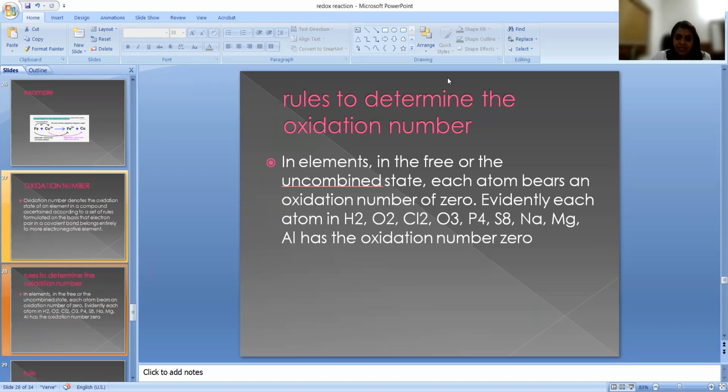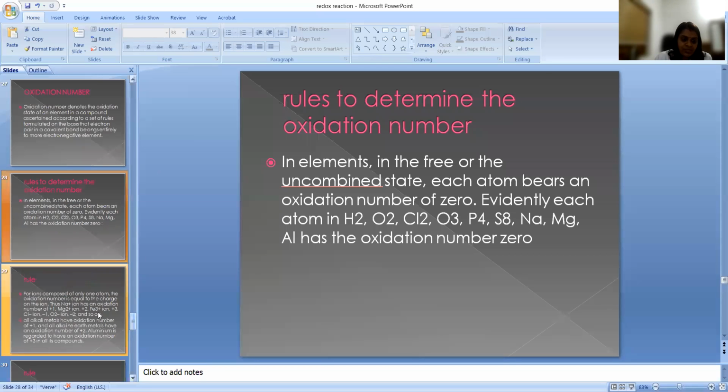For example, elements like hydrogen, oxygen, chlorine, O3, P4, S8, if they are existing, their oxidation number is considered as 0 because they are neutral. So the oxidation number of an element is considered as 0. That is the first rule we have to learn.